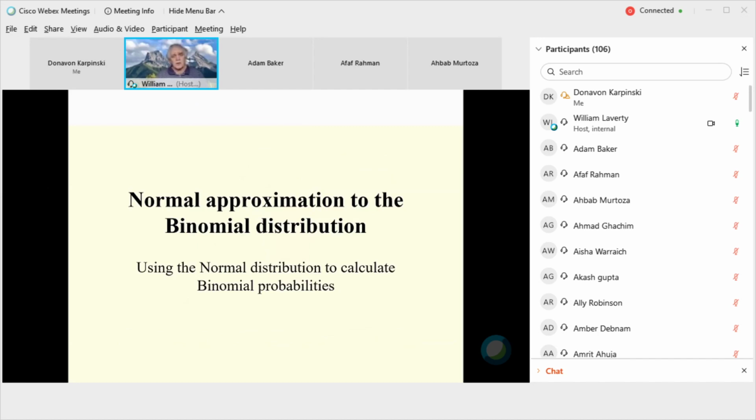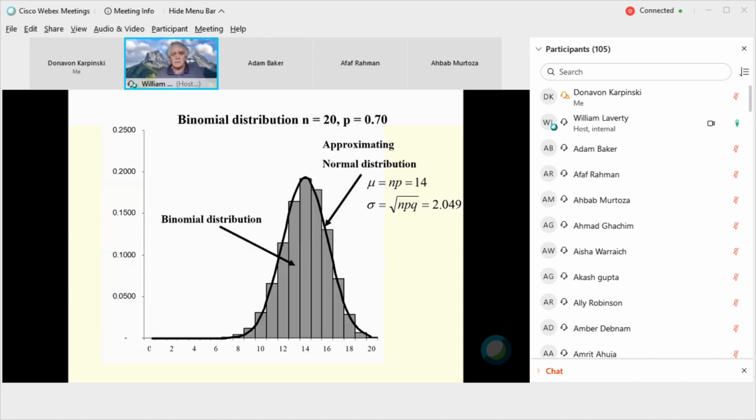You can use the normal distribution to calculate binomial probabilities. That's because if you look at the binomial distribution, it approximately has a bell-shaped curve, except that the values are located at integers.